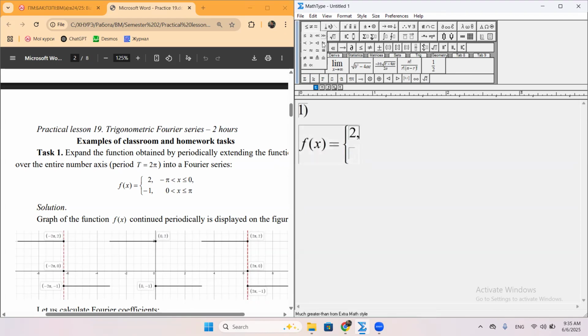So this function equals 2 if x is greater than minus p and less than or equal to 0, and minus 1 if x is from 0 to p.